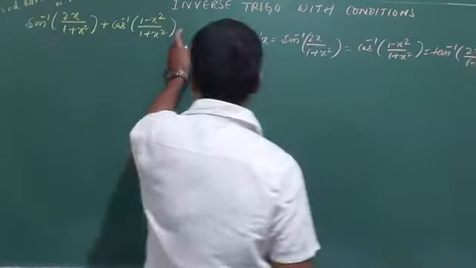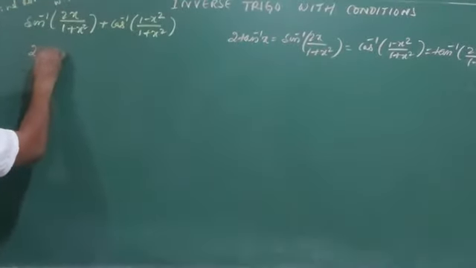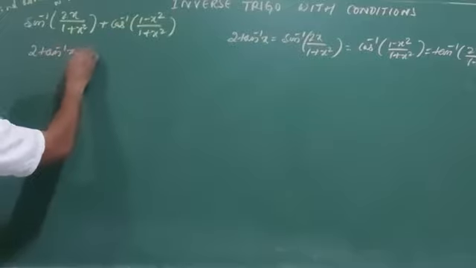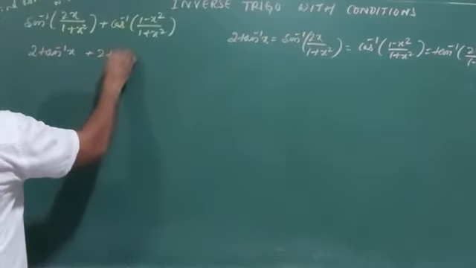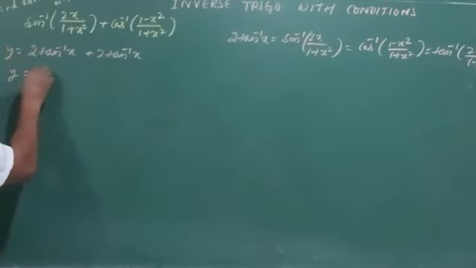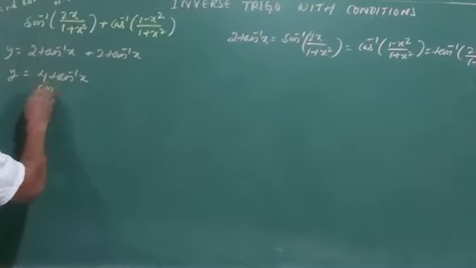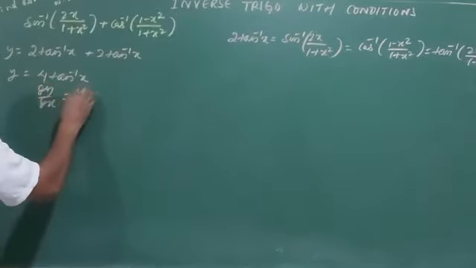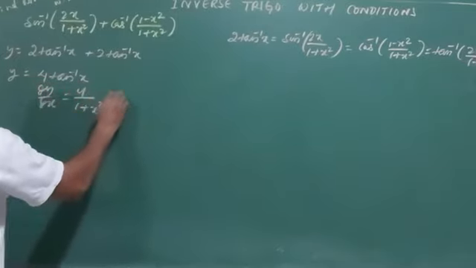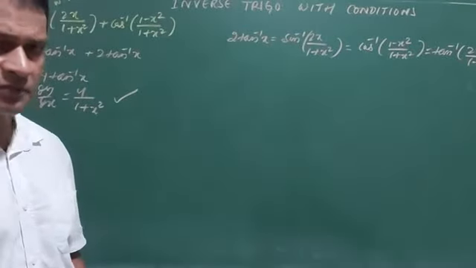Suppose there is no condition beside it, then directly write this as 2 tan inverse x plus 2 tan inverse x. y is equal to 4 tan inverse x, dy by dx equals 4 by 1 plus x square. This is the answer, if there is no condition given to you.